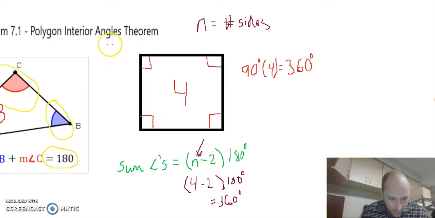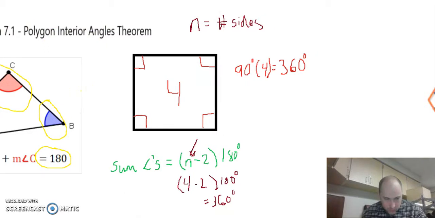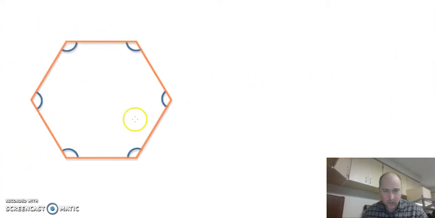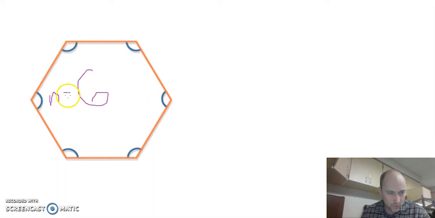Let's try one more quick look here. Let's look at a hexagon. The number of sides of a hexagon is 6, so n equals 6.